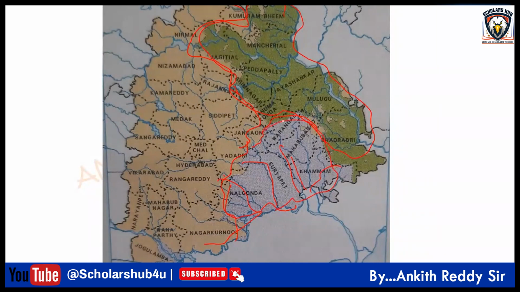So the Nalgonda and Khammam region comes under the Krishna Piedmont region, while the 9 districts, excluding Nirmal and so on, Jagityal, Manchiryal, Peddapalli, Jayashankar Bhupalpally, Mulugu, Bhadradri Kothagudem, all come under the Godavari basin. And you know that the elevation in this region is less than 300.